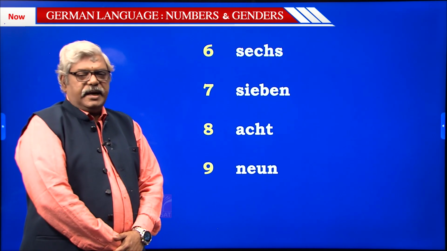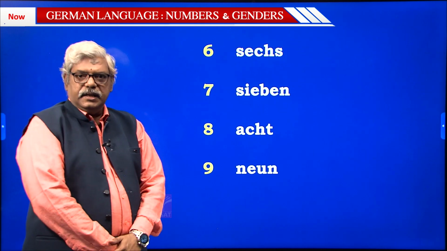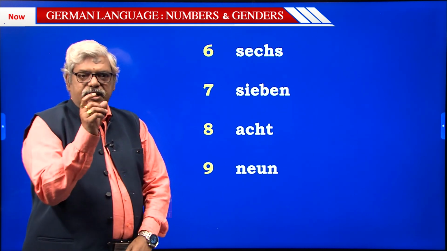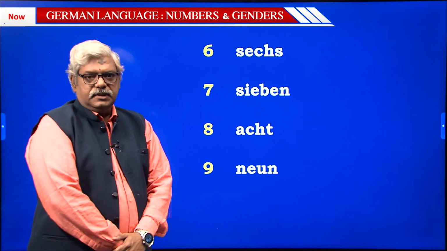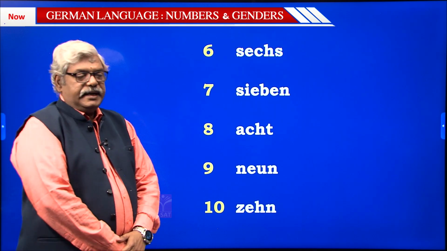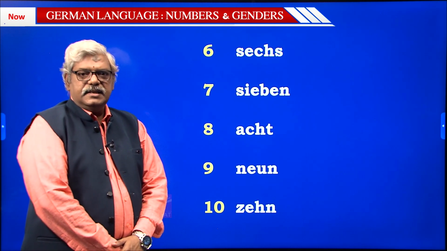Number 9 is pronounced as neun, because EU is an oi sound. That's how neun. Then number 10. 10 is pronounced as zehn.